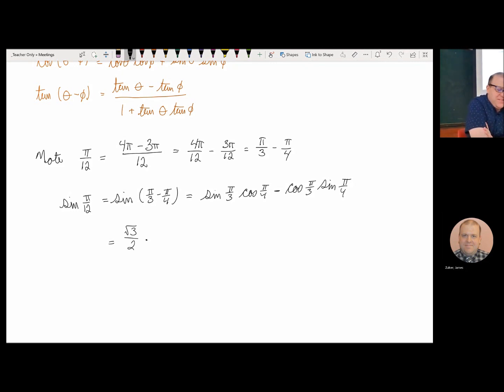Cosine of pi over 4. In trig, it's customary to write it as root 2 over 2. It's the same thing. I'd accept it. Remember I said at the beginning, trig is the only time I will actually rationalize the fraction, because that's how it's customarily written. And that's how I have them memorized.